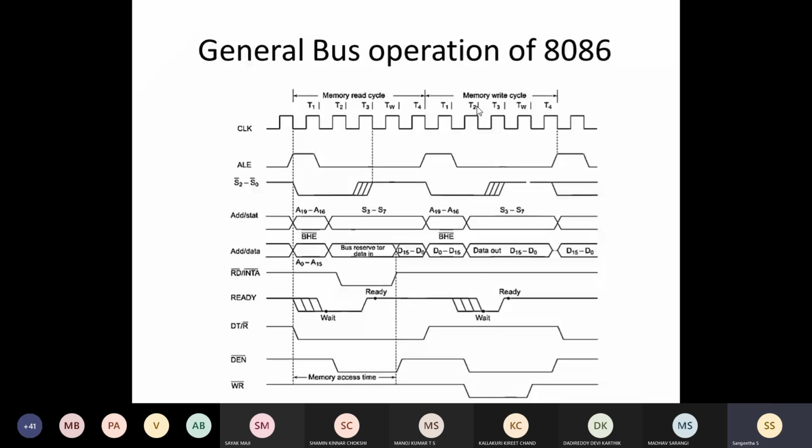The processor is very fast, but the IO devices are very slow, so they require some time to get ready. Because of that, the TW period is given between T3 and T4.